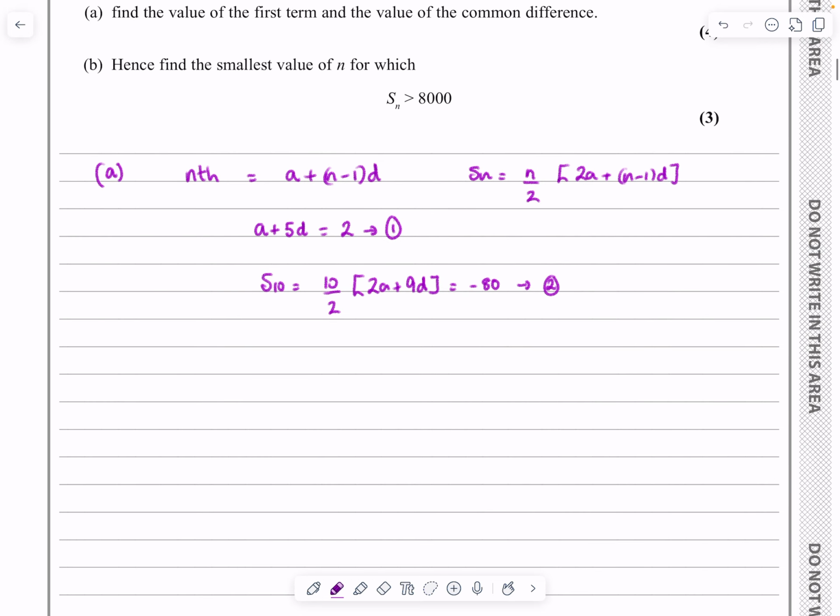Let's just make number 2 a little bit neater.